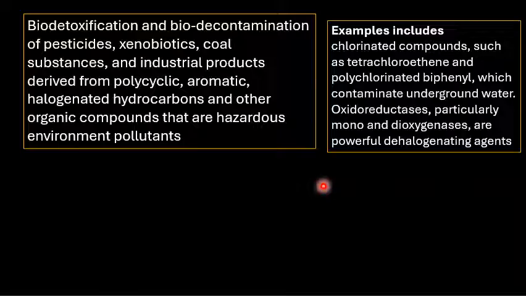They help to reduce certain compounds or oxidize them to make them either less active or reactive. So in this process, they help in removal of toxic substances from the environment and they help in decontamination, biodecontamination.